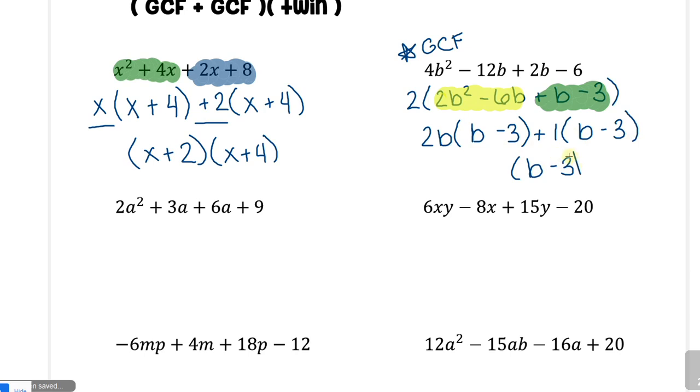And then we're going to take what's on the outside, so 2b plus 1 as a binomial. And then in the very beginning of the problem, we factored out our greatest common factor. So we have to bring the 2 down, our greatest common factor. So now we factored.